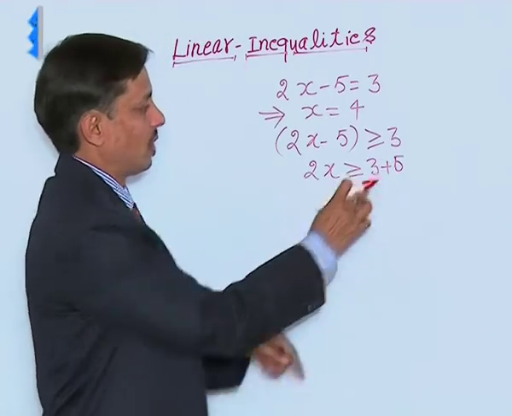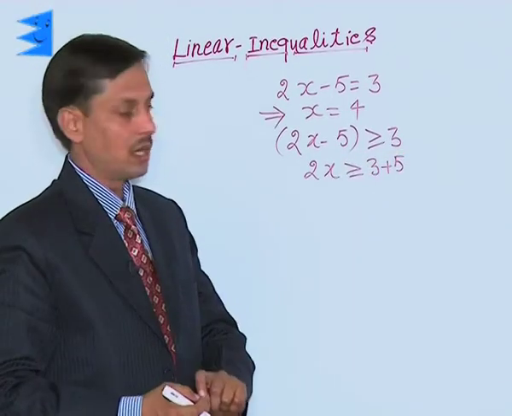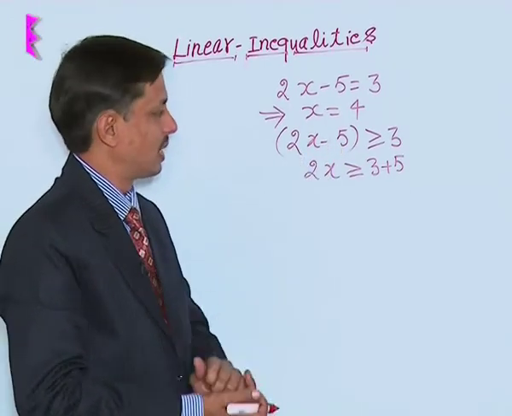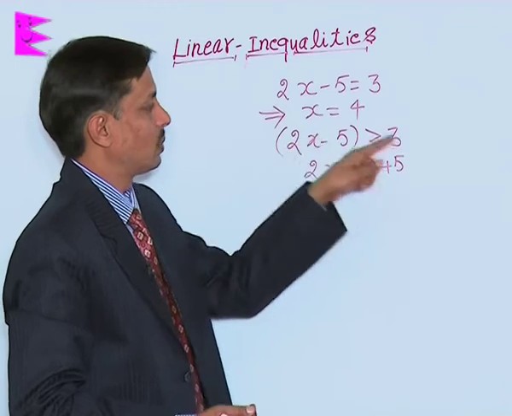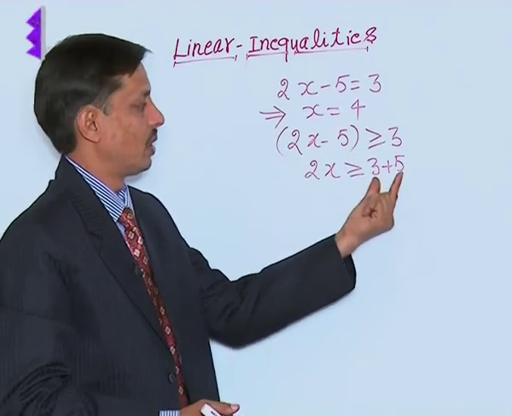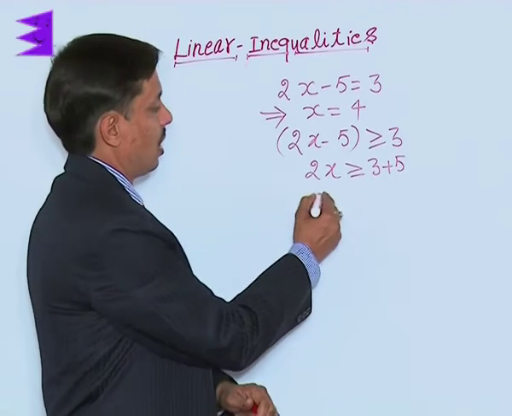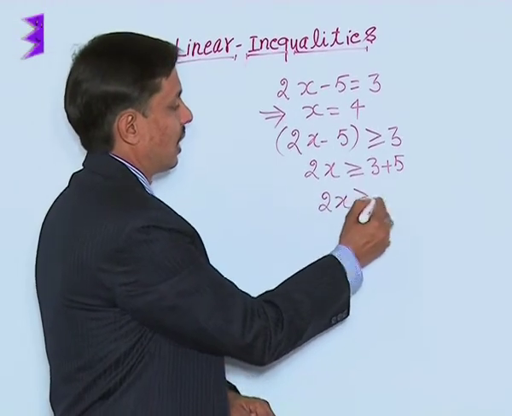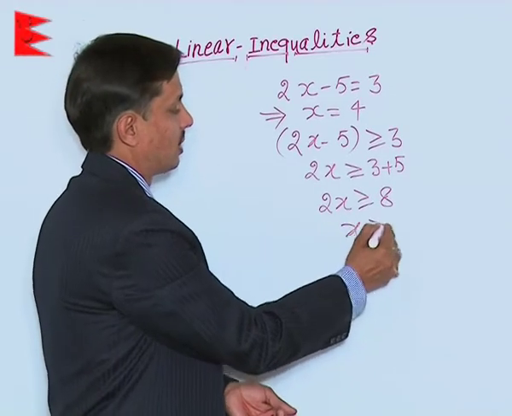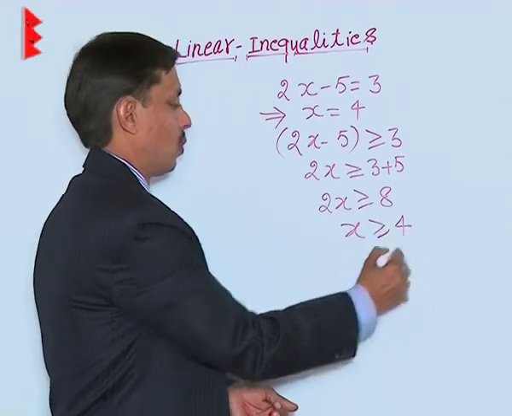There are two approaches. First is adding 5 to both sides to cancel this minus 5, or transferring this minus 5 from the left side to the right side. This becomes 3 plus 5. This becomes 2x is greater than or equal to 8, or we can say x is greater than or equal to 4.